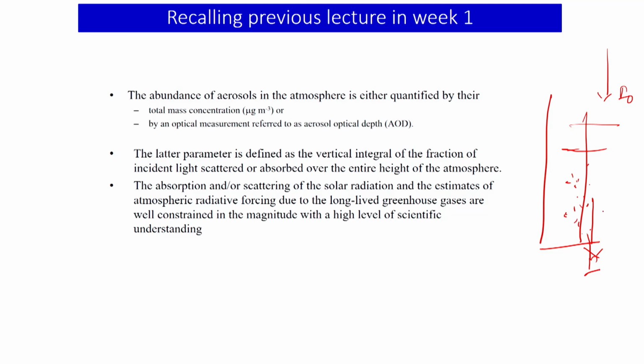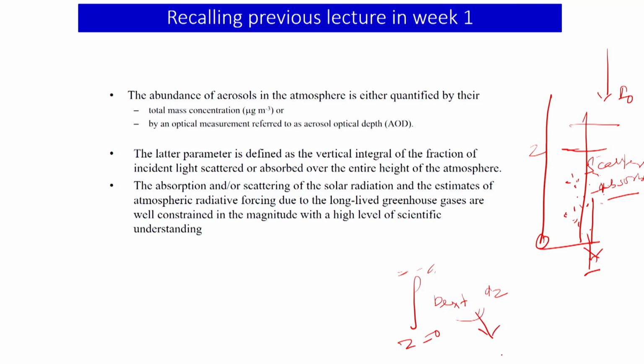Now, what will happen? The particles in the atmosphere will either scatter or absorb the radiation. So if you measure this, taking height from Z equals 0, in principle you integrate the term called b extinction dz, where Z varies over the height.